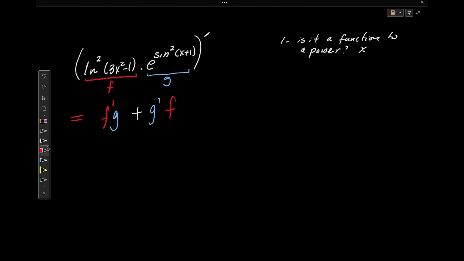So what is f? F is ln squared of this. So let's write what f prime is. So ln squared, 3x squared minus 1, prime. Again, I'm not concerned with what I'm taking the derivative of.